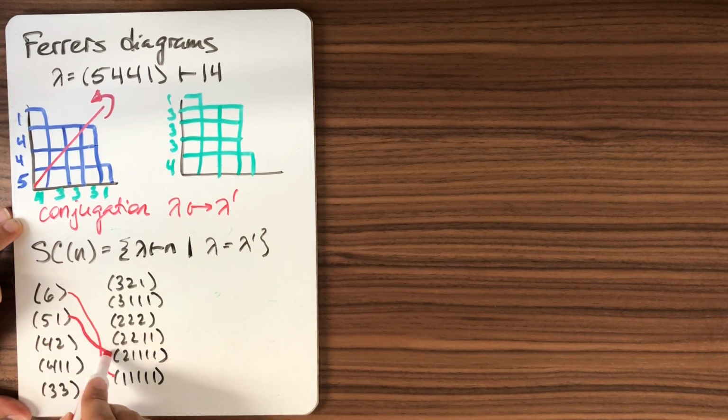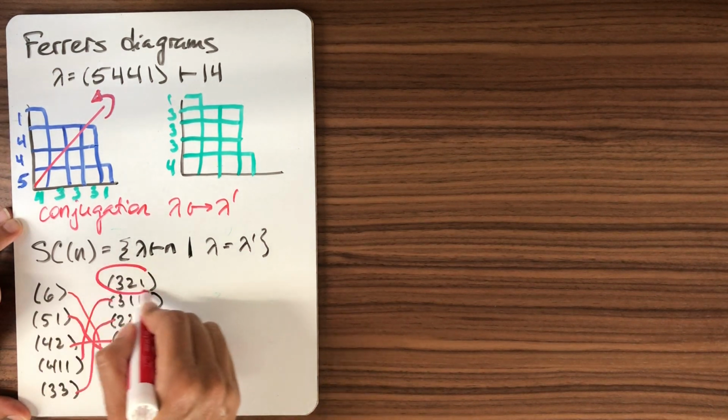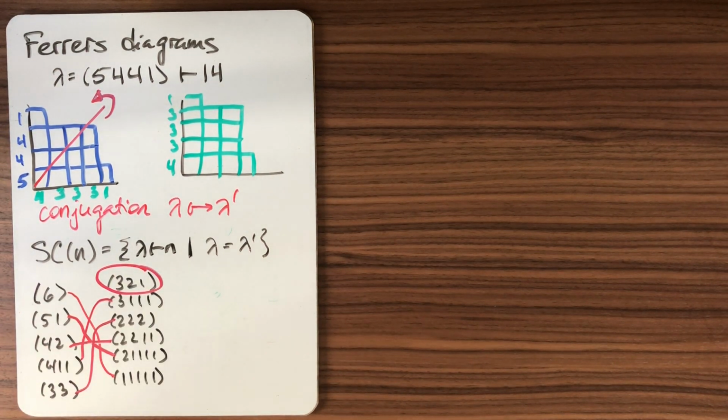So that's going to go here. 4, 2, there are 2 parts of size at least 2, so that's going to give us 2 parts of 2 in the conjugate. So we're going to map that guy up here. And then 3, 3 is going to be a rectangle. That's this rectangle. 4, 1, 1 is going to be interesting. That's going to go to this guy. And this is our only self-conjugate partition. So that's the only fixed point of this involution.